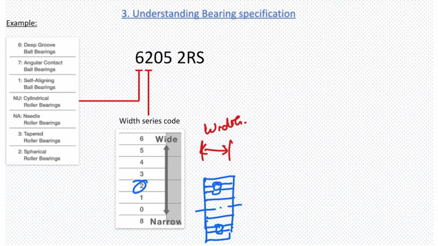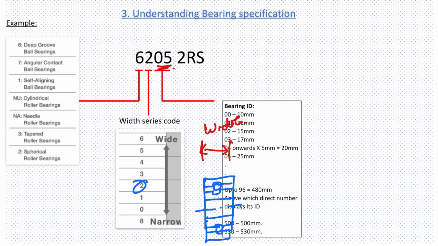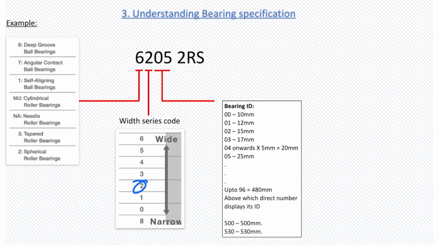And the last 2 digits, that is 05, are to be read together always. The last 2 digits always denote the internal diameter of this bearing. For example, if the last 2 digits are 00 or 01 or 02, the corresponding bearing diameter is given.